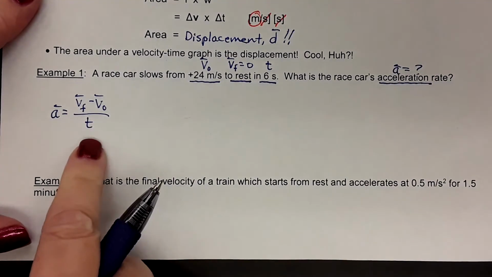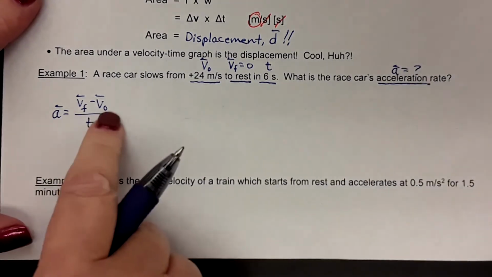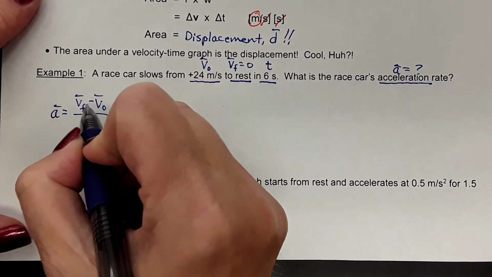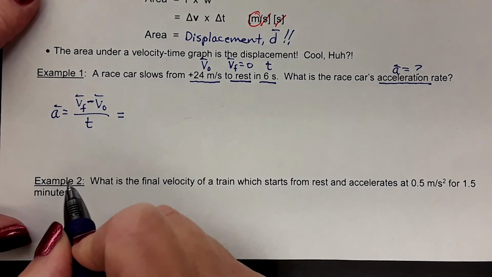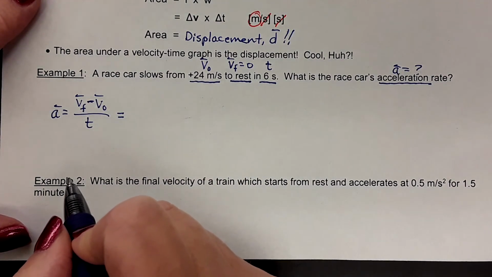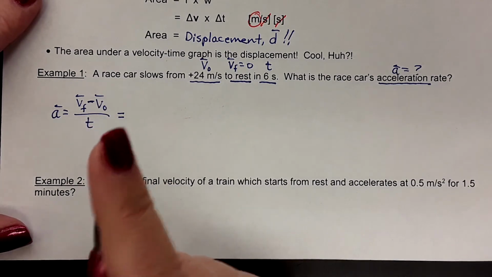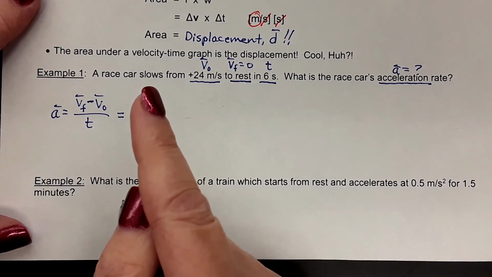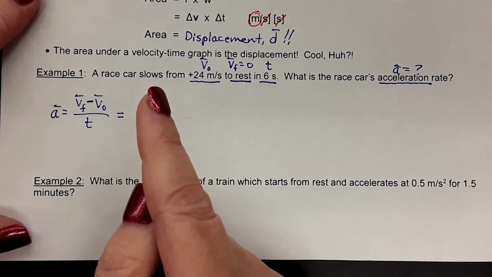Change in velocity, rate of change in velocity, final minus initial. All right, and always final minus initial. I don't care if the final velocity is smaller. We always say final minus initial. If you don't do it right, you will not come out with the correct sign for the answer.